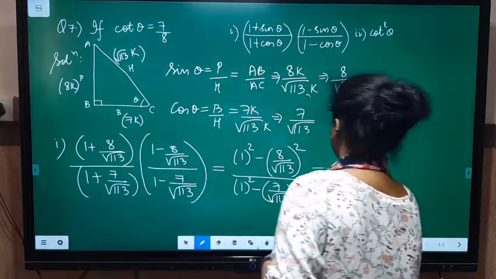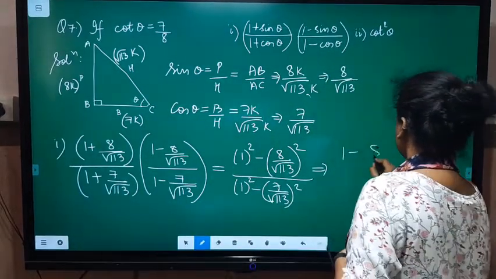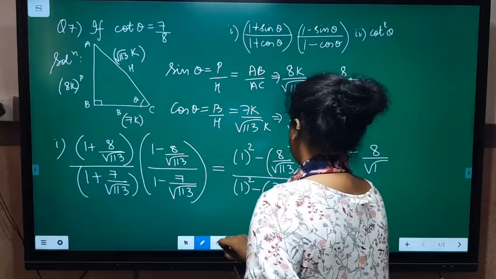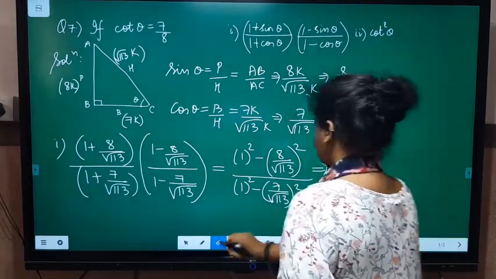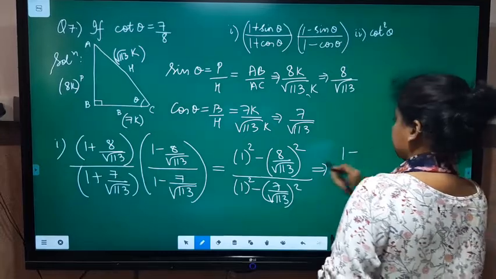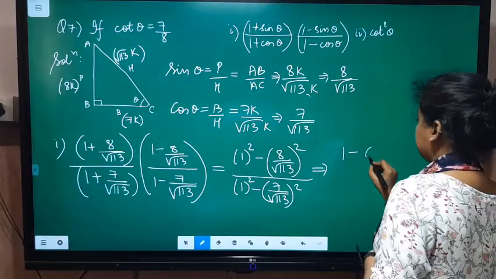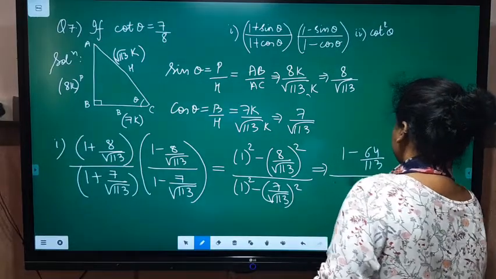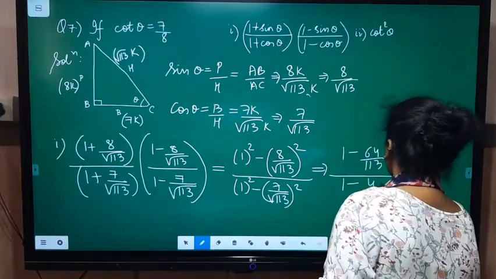On solving we get the value 1 minus 8 square is 64 and under root 113 square is 113.